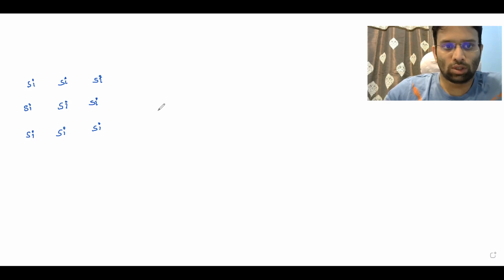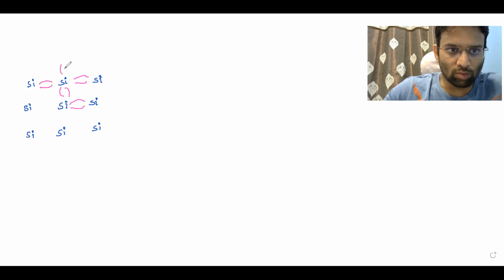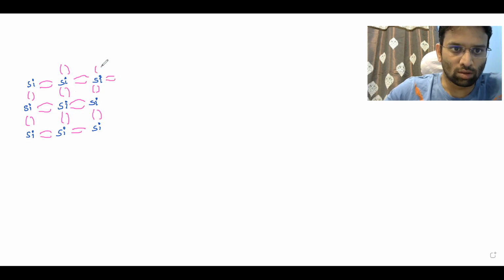Now let me show the bonds between silicon atoms, the covalent bonds, this way. So this bonding extends into a very long chain, which we are not showing here. But I hope you can understand. So these are the covalent bonds which I am trying to show you here.